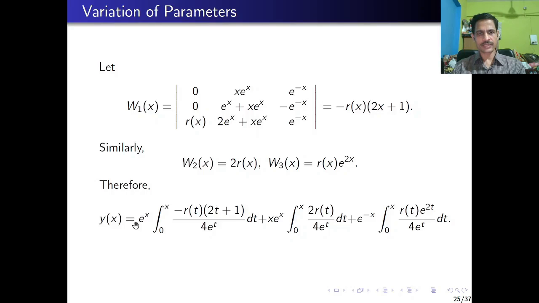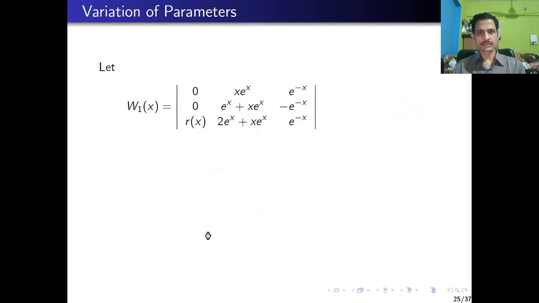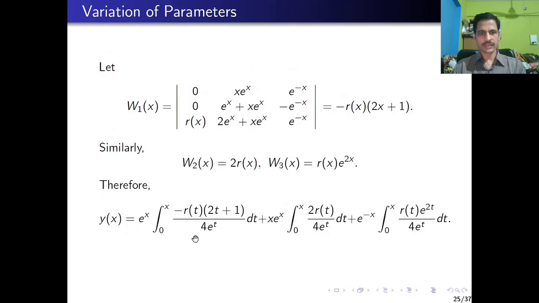So y(x) is equal to, this is our y1 and this is the v1 that we obtained, because in the numerator this thing is there and in the denominator is the Wronskian, this quantity, and then its integration. Similarly here, this quantity is y2 and this is W2 by W and its integration.